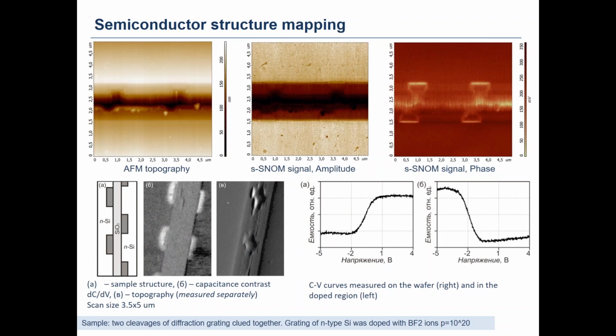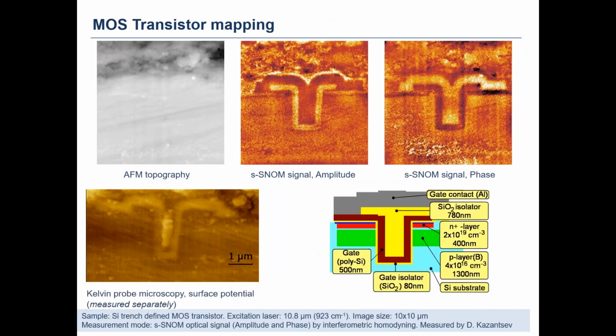In the beginning of the presentation, we mentioned that there is a second approach to the AFM infrared measurements that refers to the thermal expansion of the sample and to the measurement not of the optical response of the sample, but of the mechanical response of the cantilever. And this is one of the examples.